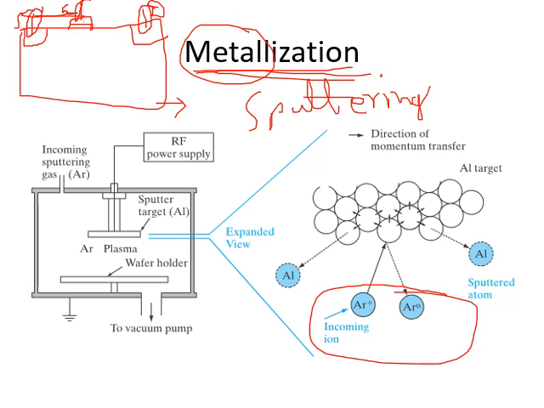Many of the aluminum atoms ejected from the target deposit on the silicon wafers. So what is happening? The argon is bombarded on the aluminum, so the aluminum comes out and sticks on the wafer. Where is the wafer? Actually this is the wafer, correct?